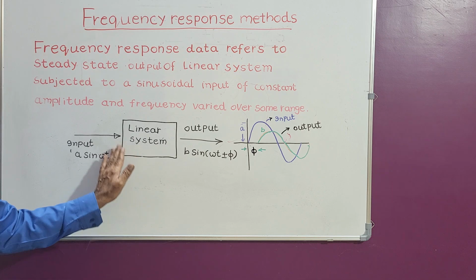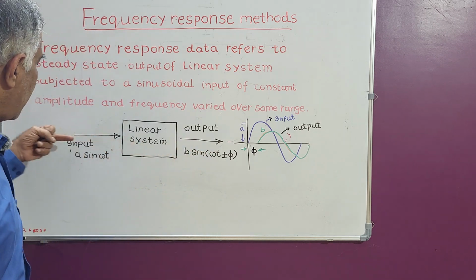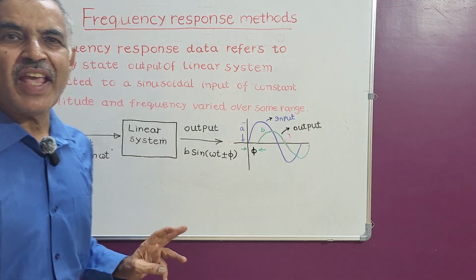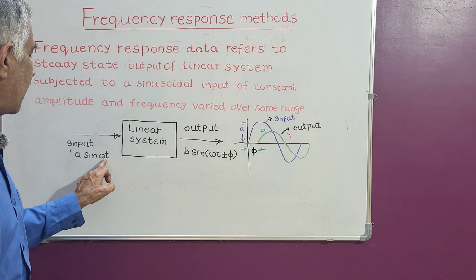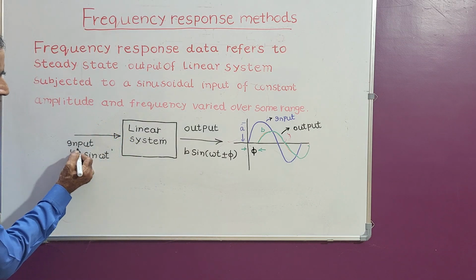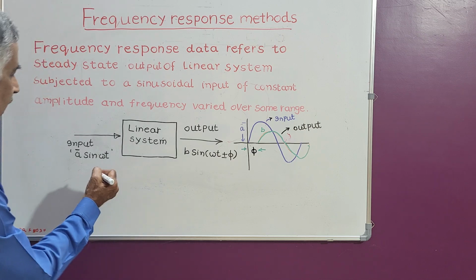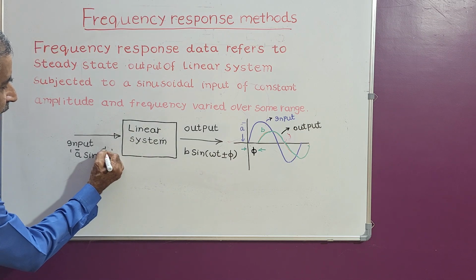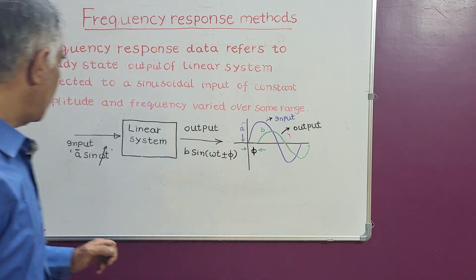Now, this is the block diagram of a linear system, and I am giving an input of a sine omega t. A is amplitude, omega is angular frequency. You have to keep this A constant, and you have to vary this omega over some range, over kilohertz or megahertz.